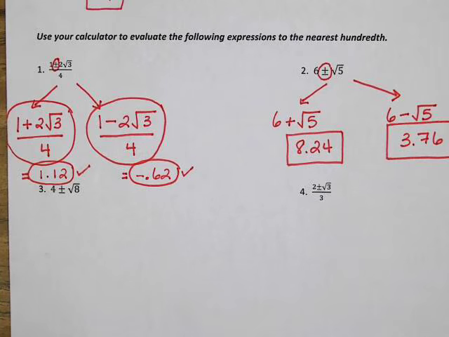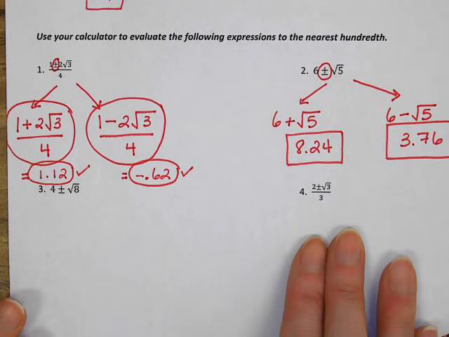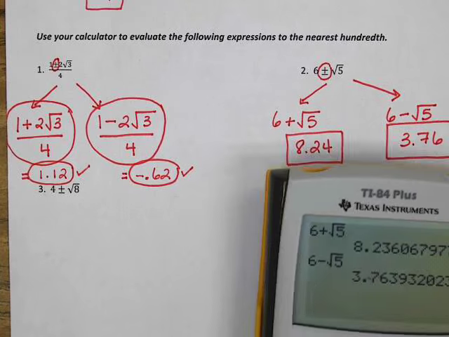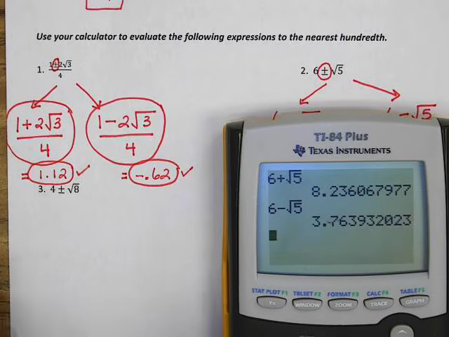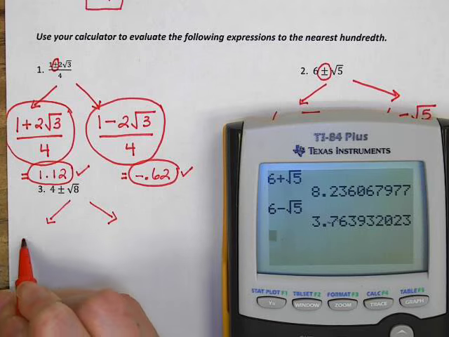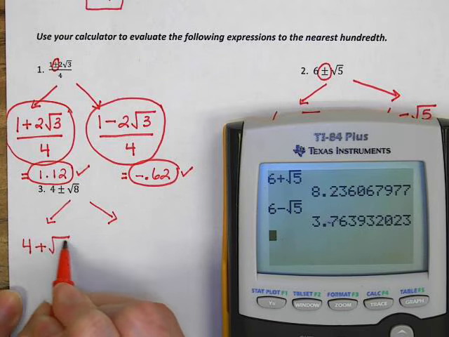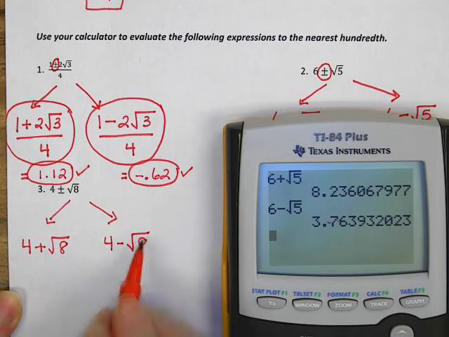Now would be a great time to pause the video and you guys try 3 and 4 on your own. Since you can pause, I'm just going to keep going and do them for you. Number 3, same thing. Plus or minus means you do it twice. One of them is for plus root 8, and one of them is for minus root 8.